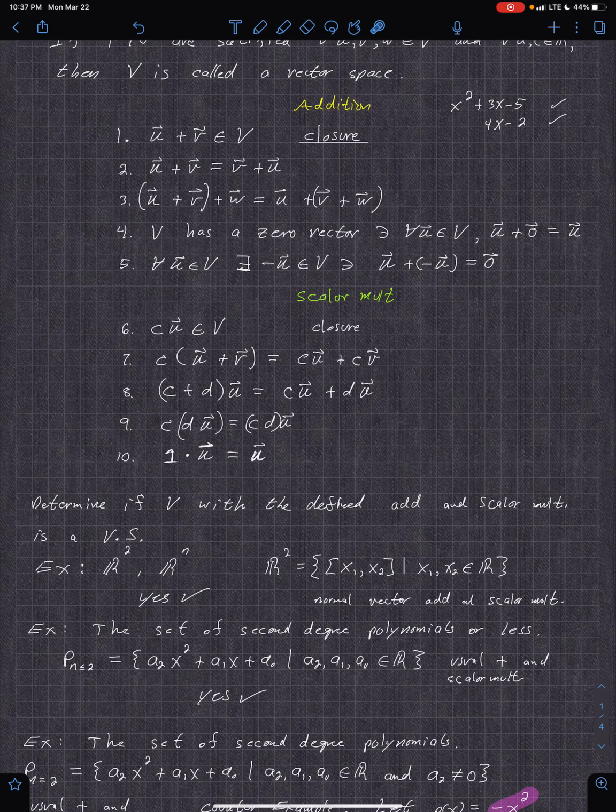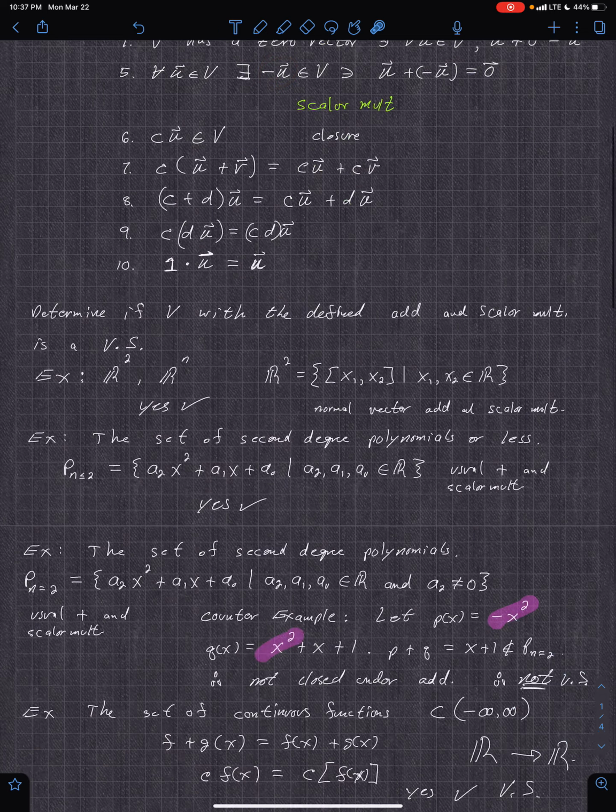So we're actually going to use this property, here. We're going to use 5, the existence of an additive inverse. We're not going to call it that yet. We just know that it exists. Okay, so we're going to say this.